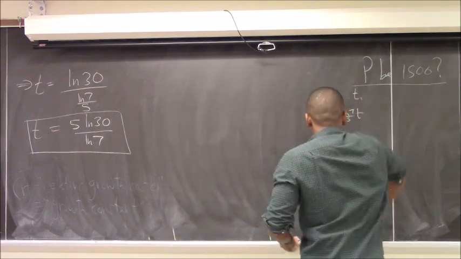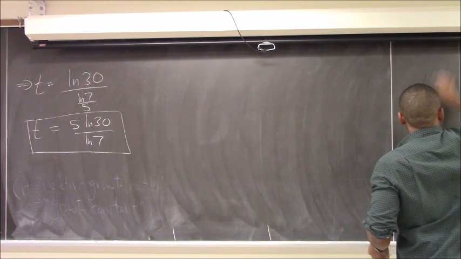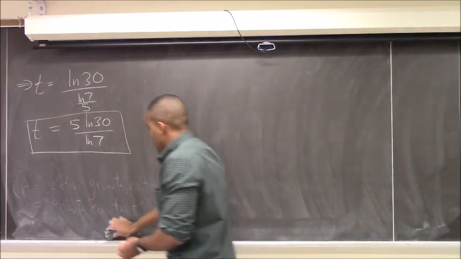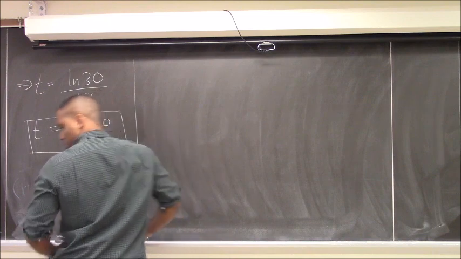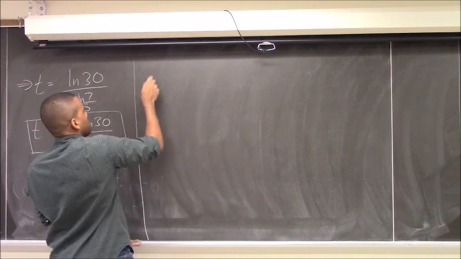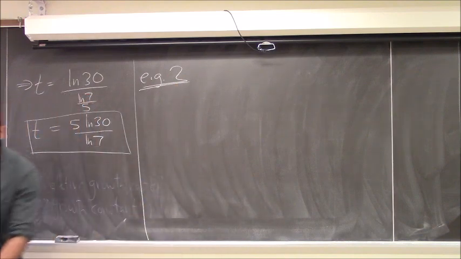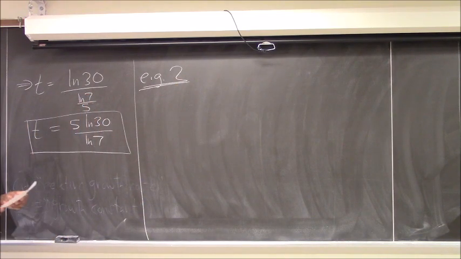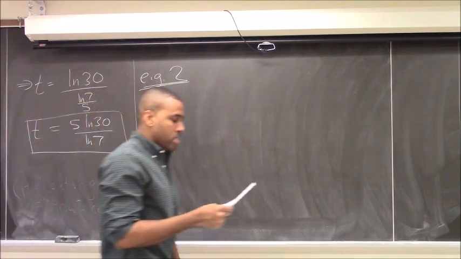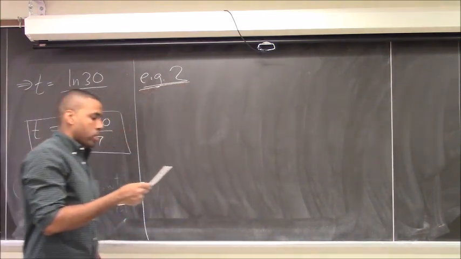Okay. Let's do another one. Very typical kind of problem. I think the second example talks about half-life. Let's do example 2. So this one talks about half-life. The half-life of a radioactive substance is 30 years.